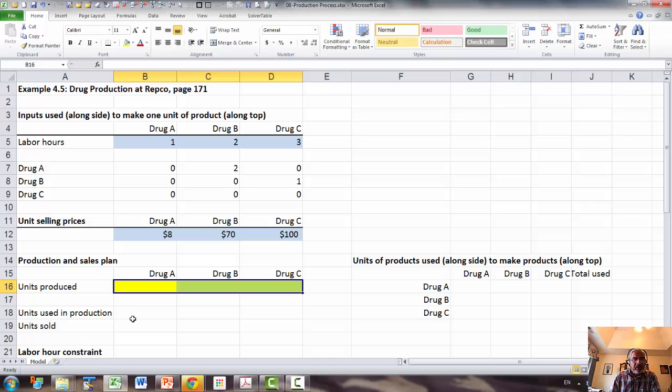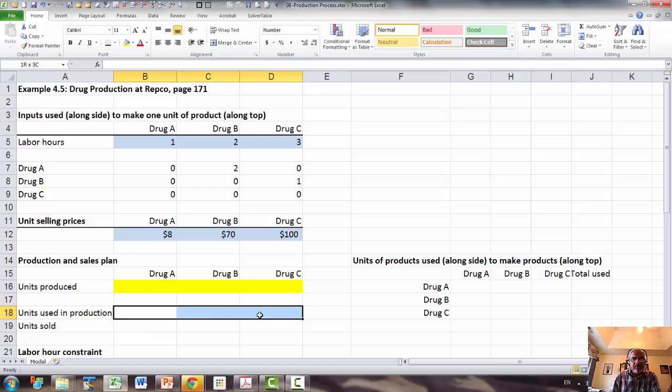Now, units used in production will not be available for sales. So once we figure out how many units of each of these drugs will be used by ourselves for production of other products, then the balance is what we can sell.